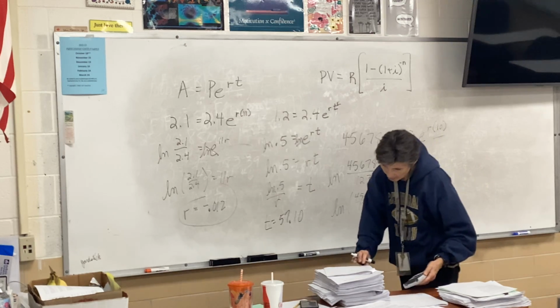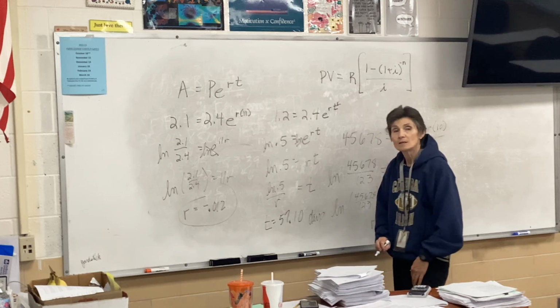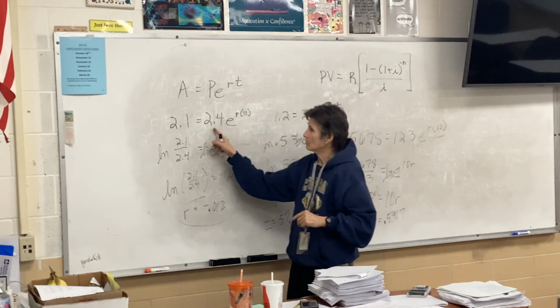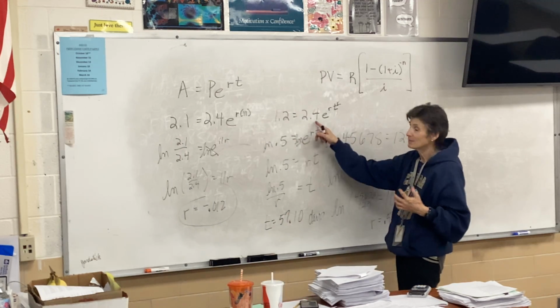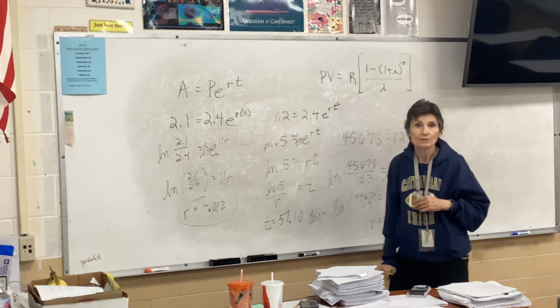And I need a unit on that, days. So it took 11 days to go from 2.4 down to 2.1, but it's going to take 57 days to go from 2.4 down to 1.2.